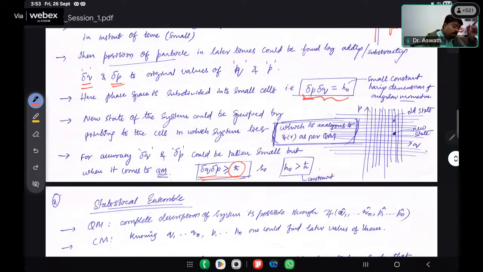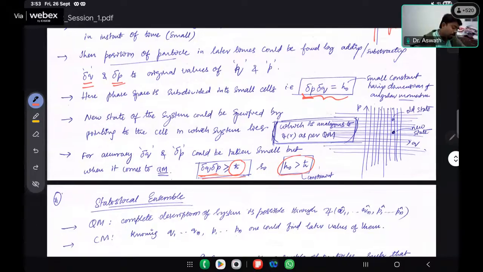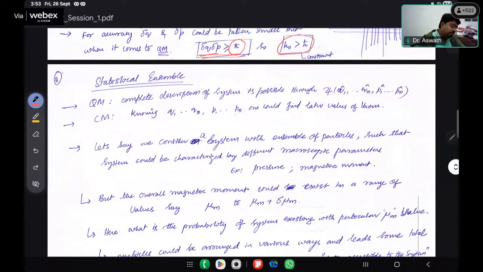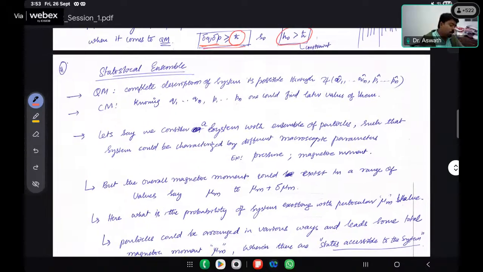This product would always stay above Planck's constant value, which means in quantum mechanics the pixel size, the unit size for the accuracy, cannot be less than Planck's constant. It is more than Planck's constant. Okay, so that is what we discussed yesterday, and today we'll go to something called the collection of all those systems. Such a collection is called an ensemble of all these quantum systems together.